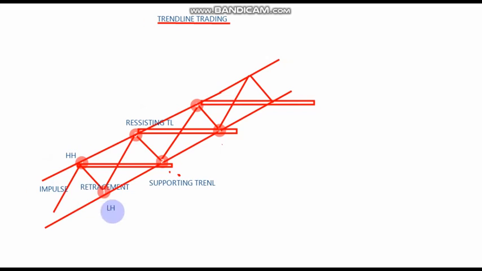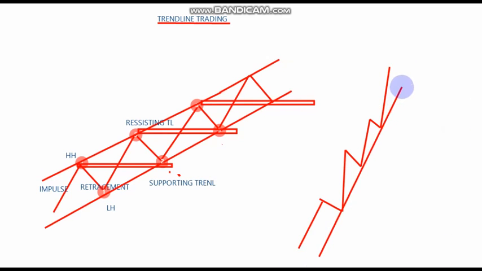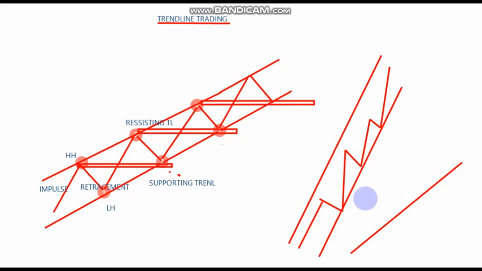You have an impulse correction, and guys, your trend line should not be like this. You should not draw something like this. For example, you take your trend line. Your trend line should not be something like this. Too steep. It should not be too steep. You have a higher chance of that is a fake trend line, guys. The trend line should be at least 60 degrees.